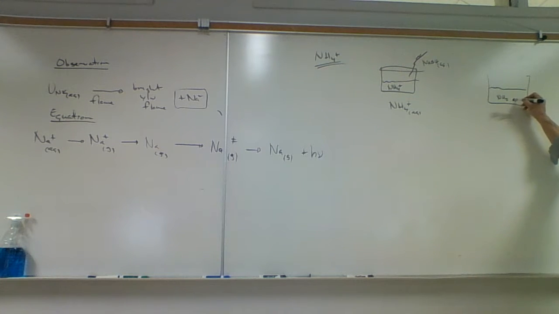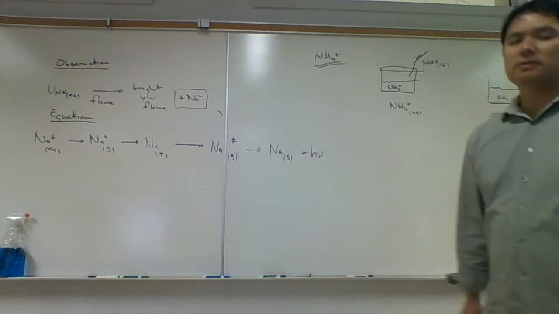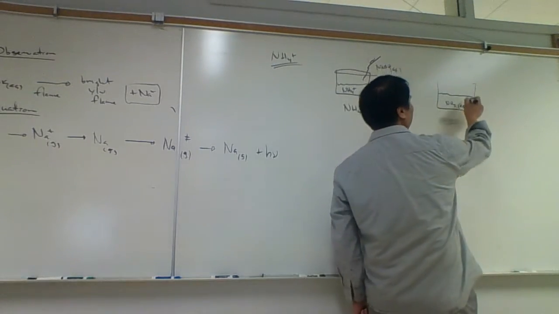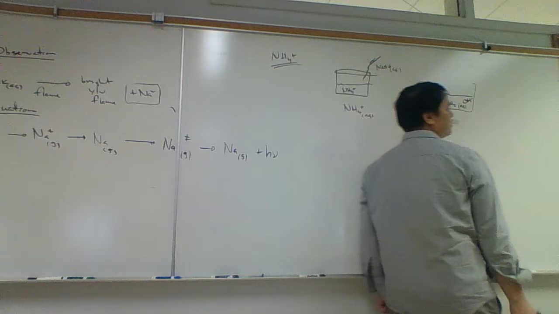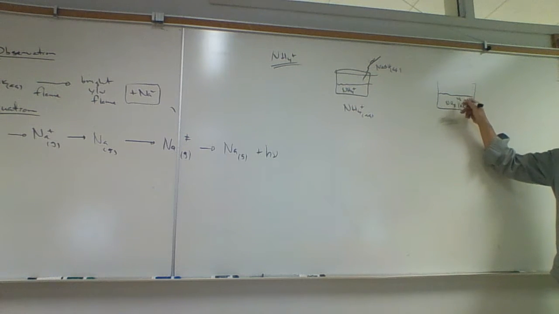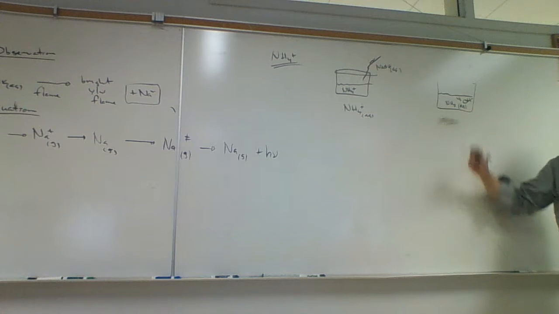And how can you detect the presence of ammonia? Well, we have a test for bases. Do you know what the test for bases is? Litmus paper. However, if we were to test this solution, it's going to turn blue for basic easily because we're going to have excess hydroxide from the sodium hydroxide.